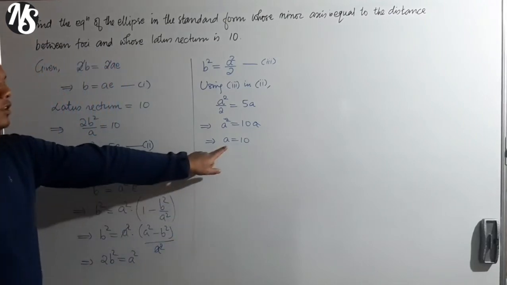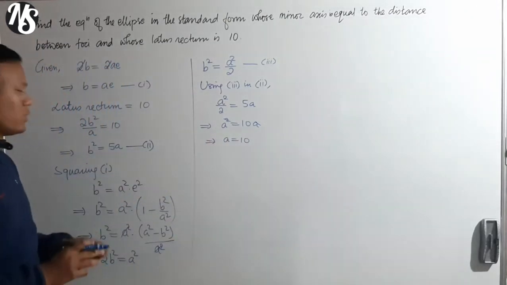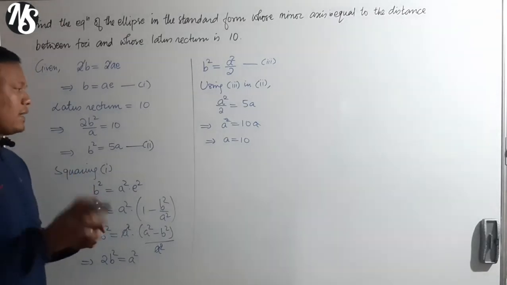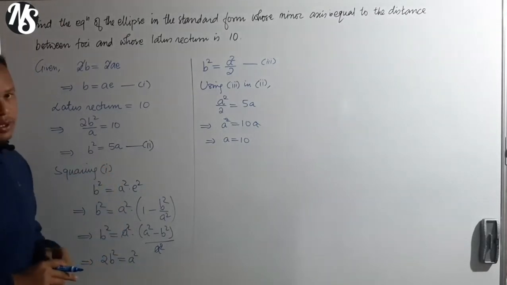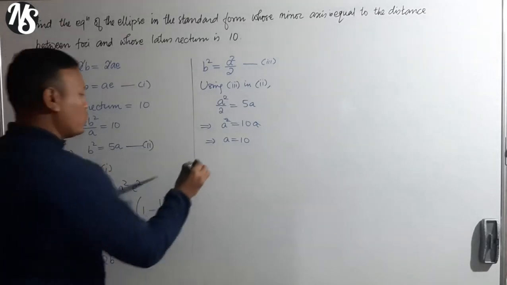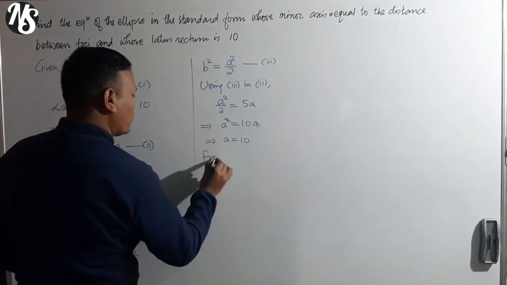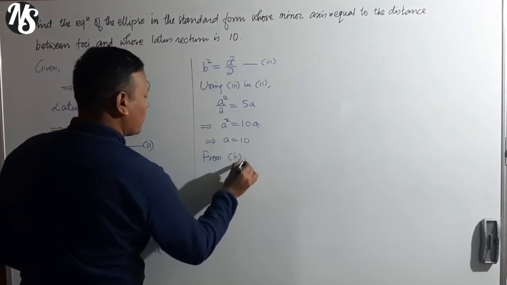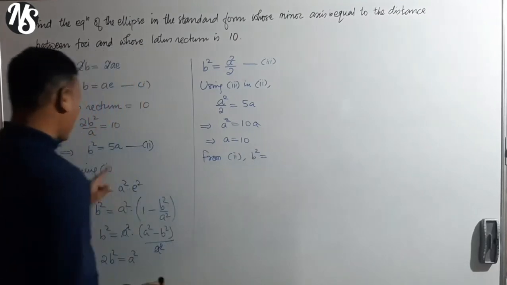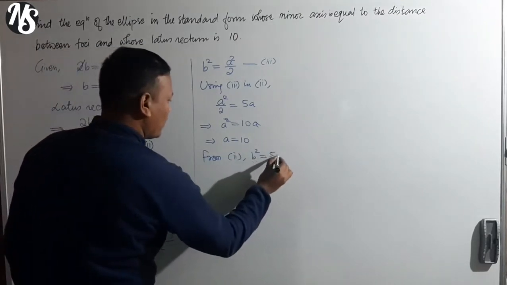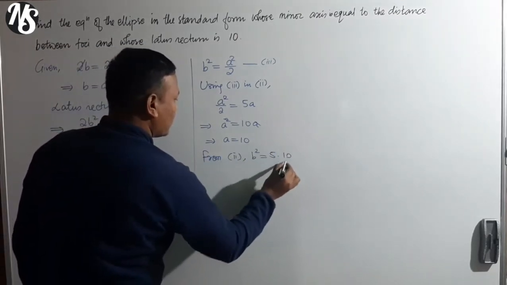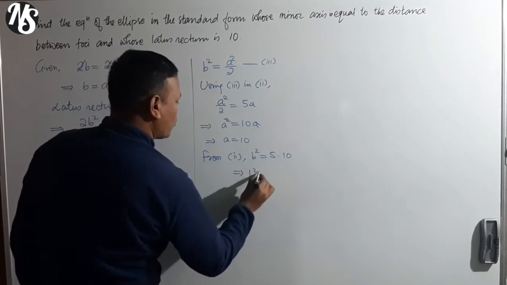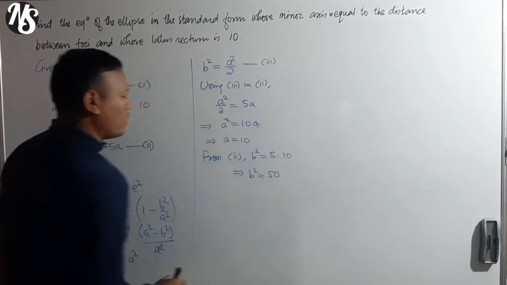So we got the value of a. Now our job is to get the value for b, and that can be obtained again using equation 2. From 2 we have b square is equal to 5a, so 5 into 10 means b square turns out to be 50.